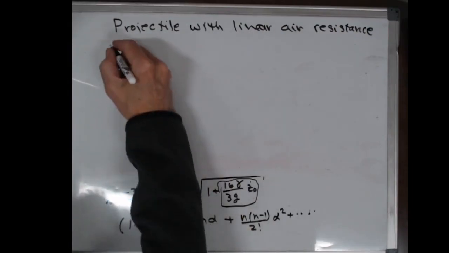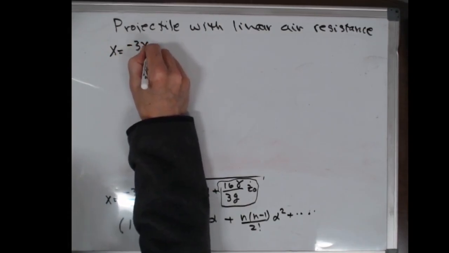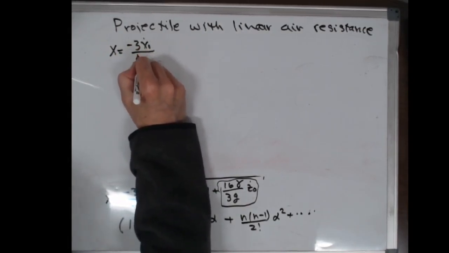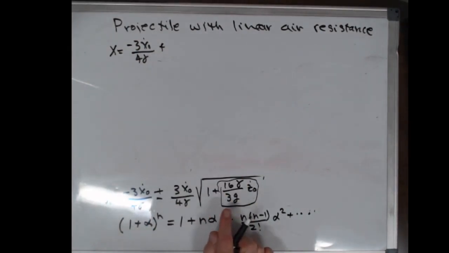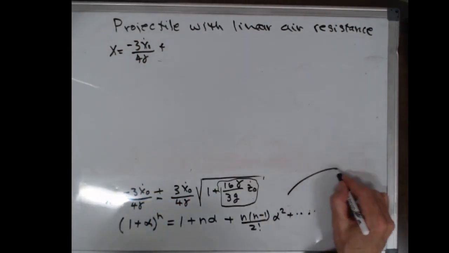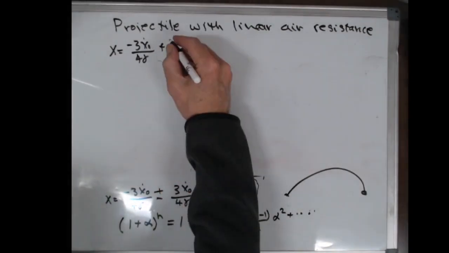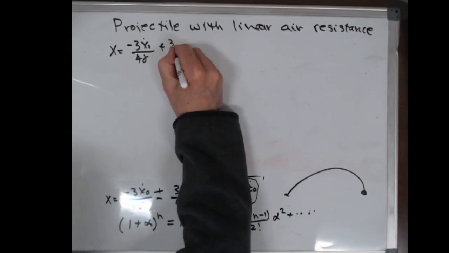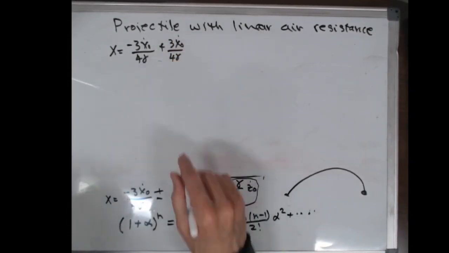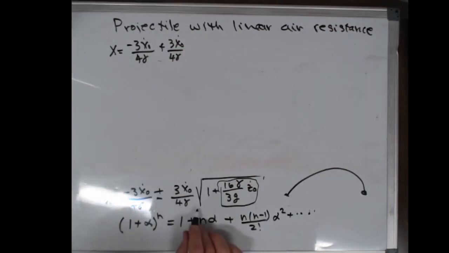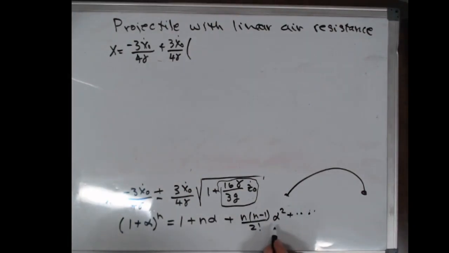So we're going to come up to the top, and we're going to write x is equal to minus 3 x naught dot over 4 gamma plus, again, we're taking the positive root because we want x max. If our projectile looks like this, we want this position, not this position. And so this is going to be 3 x naught dot over 4 gamma times, and now instead of multiplying by this piece, we're going to have this piece in there.